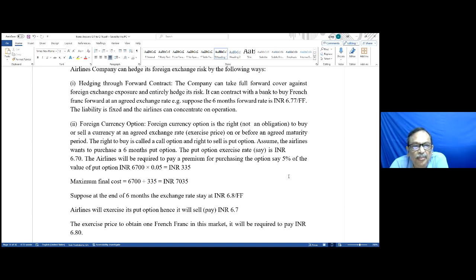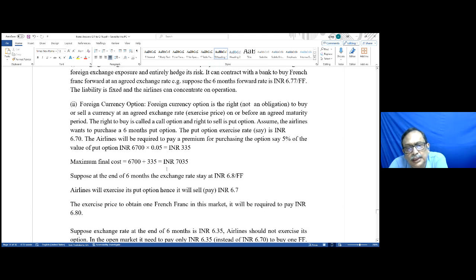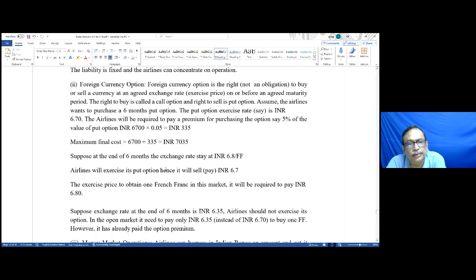That is, we can have 6700 multiplied by 0.05, it comes to 335. Maximum final cost 6700 plus 335, it comes to 7035.